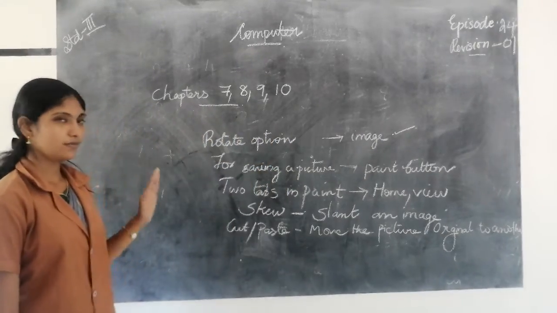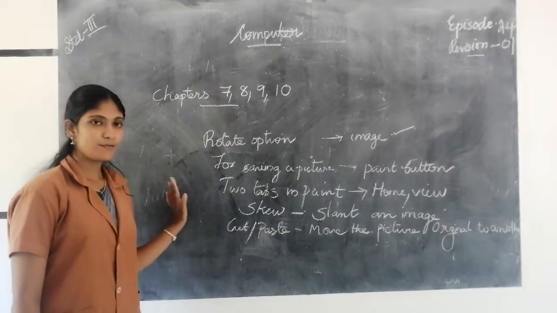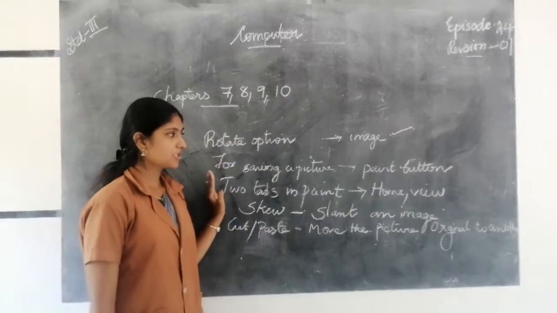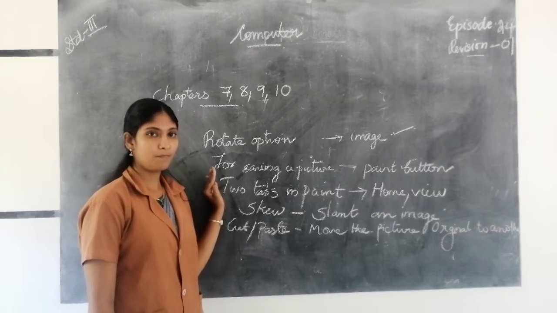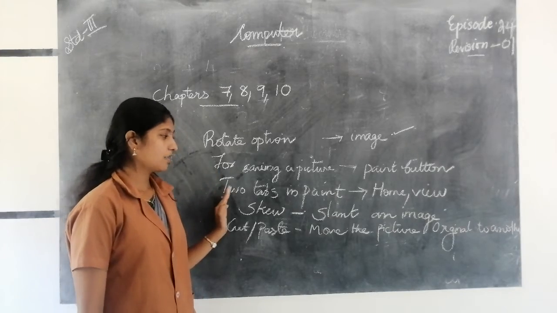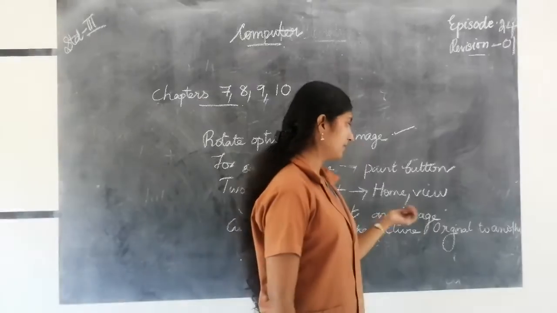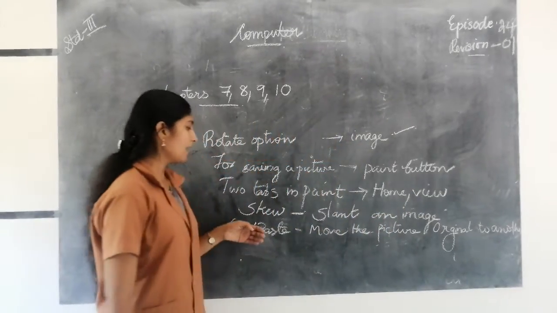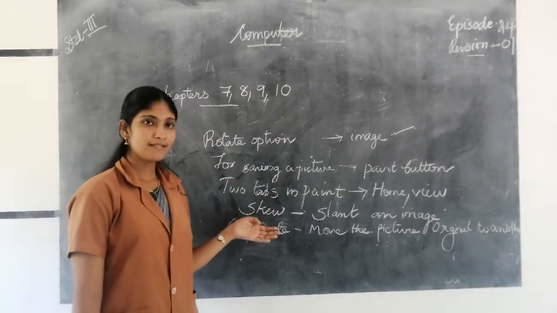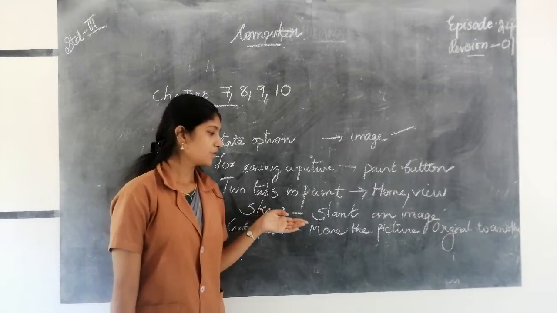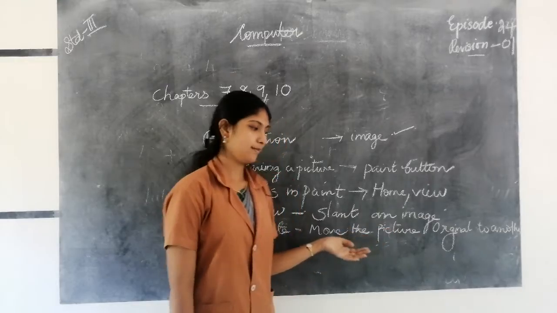So first one, once again, rotate option is under image group. Then for saving a picture, it goes to the paint button. Then there are two tabs in the Paint window, Home and View. Then skew is an option used to slant an image.